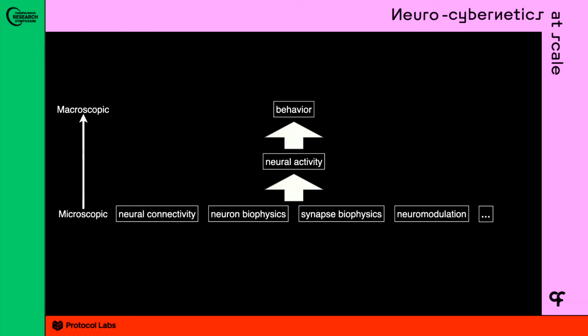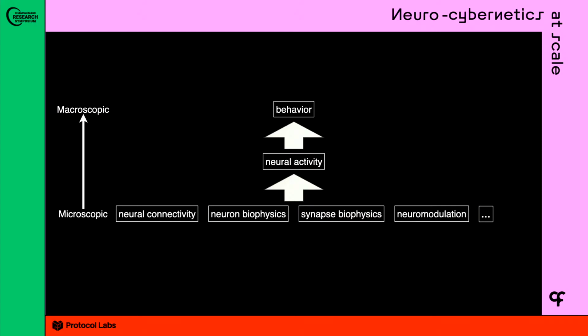So what are the input-output functions of individual neurons and the synapses that connect them? How do they work? And then there's a host of other mechanisms at the microscopic scale that include neuromodulation, plasticity, synaptic plasticity, and more things like that Misha, for instance, talked about, and things that we hope to discover soon, that we have yet to discover.